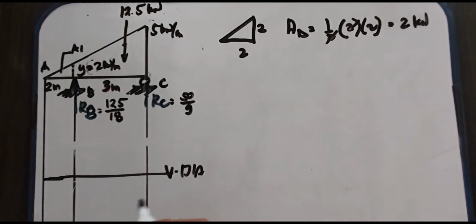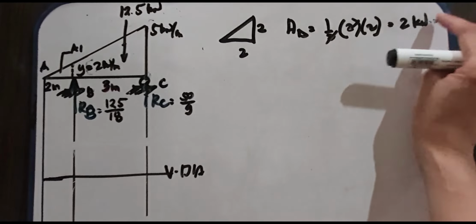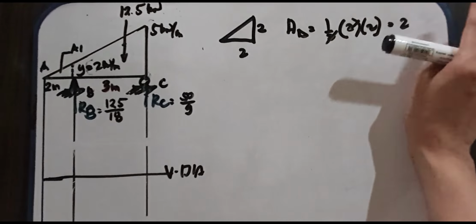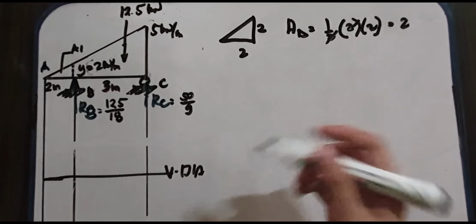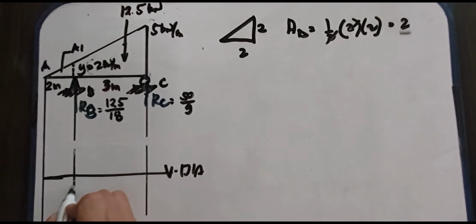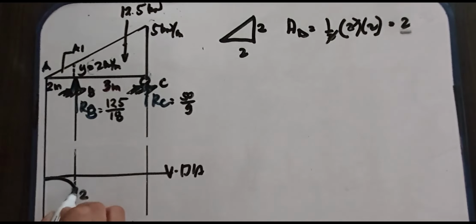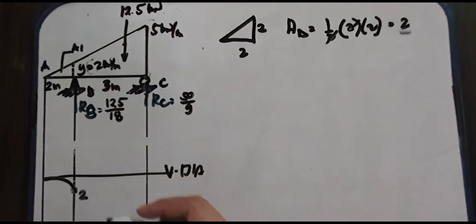Let's label it as area, kilonewton meter. Sorry, since that is area, or just kilonewton. We don't need to put that, but it's okay, so that we can distinguish all of them. Next, we have these 2 values. Let's put them here for your shear. We have 2 kilonewton, and then it rises by 125 all over 18.